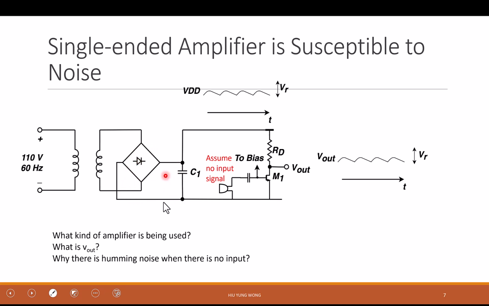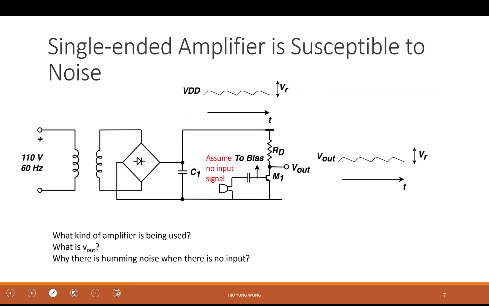If you remember, you might want to have a very large capacitor to smooth out the ripple, right? But if you forgot, doesn't matter. The final result is that the VDD is not going to be absolutely flat. You will get some noise, right?